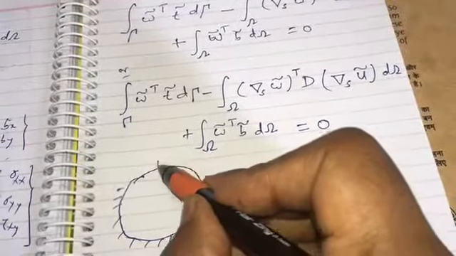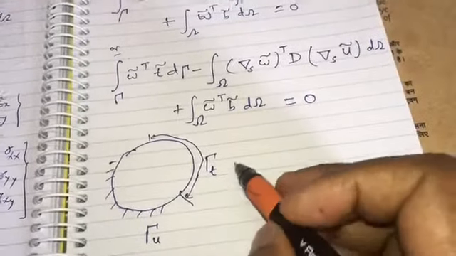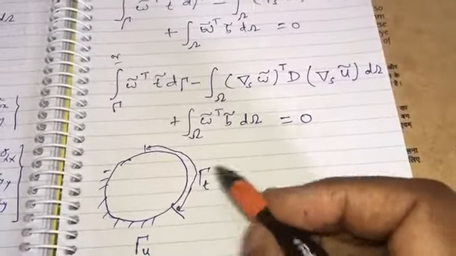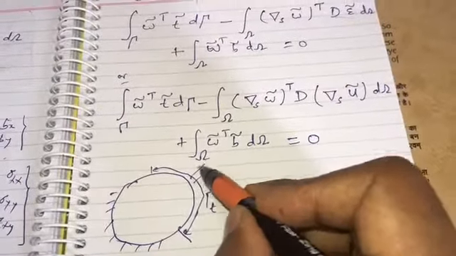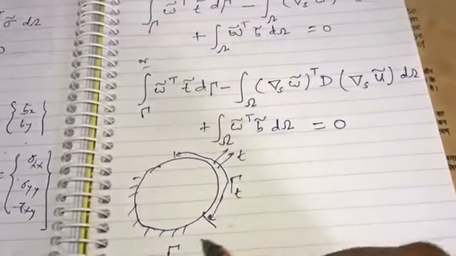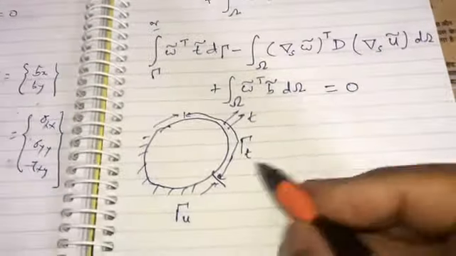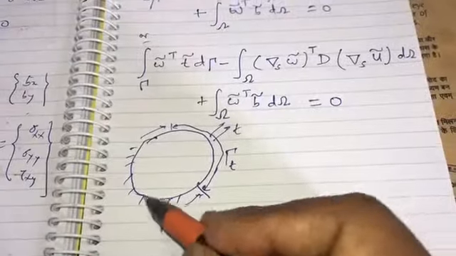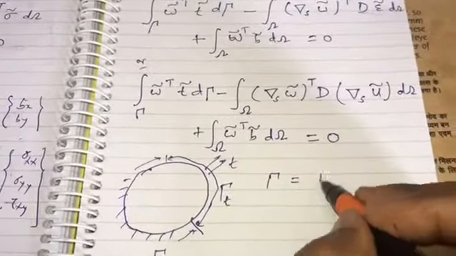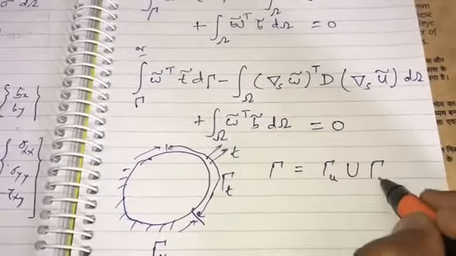So let us say from here to here is gamma t, that is where the traction is given, and there will be some boundary where the displacements are prescribed. So gamma is nothing but gamma u union gamma t.